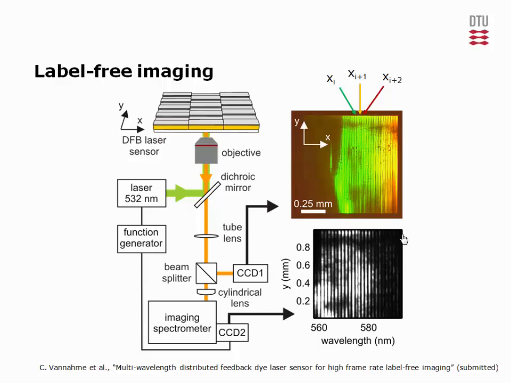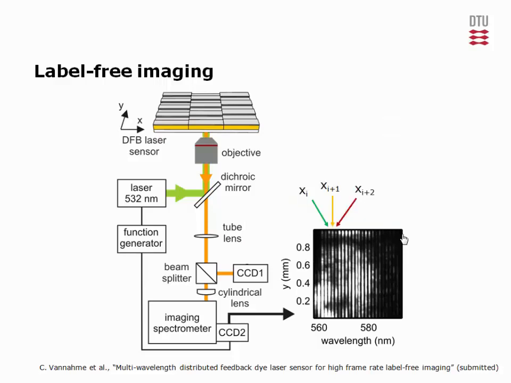And then we can again identify our X positions from these lines. So if we follow all these lines, we can say how is the wavelength shifting, how is the refractive index on the surface changing for all these different positions.